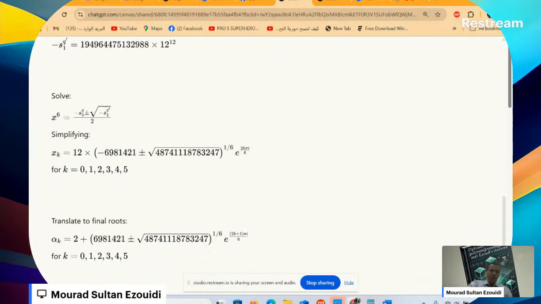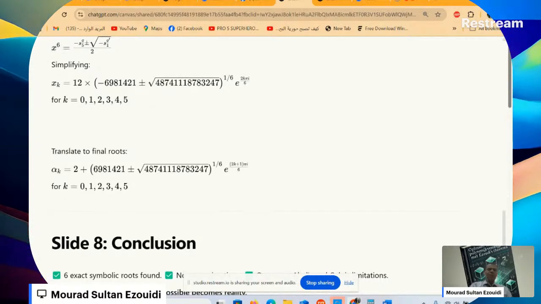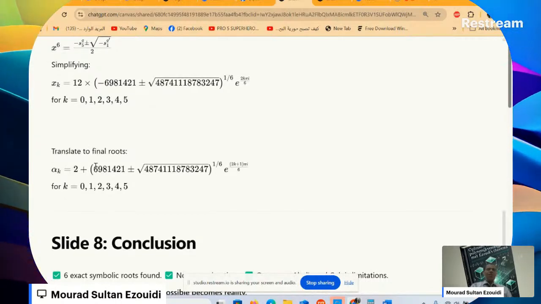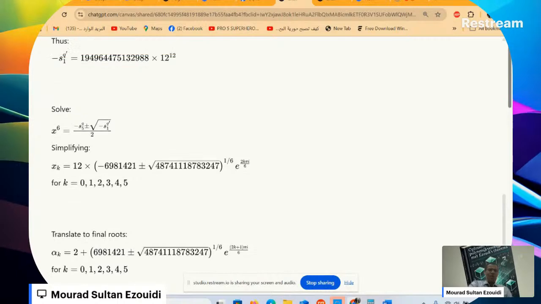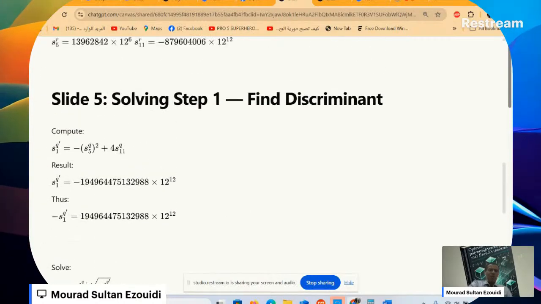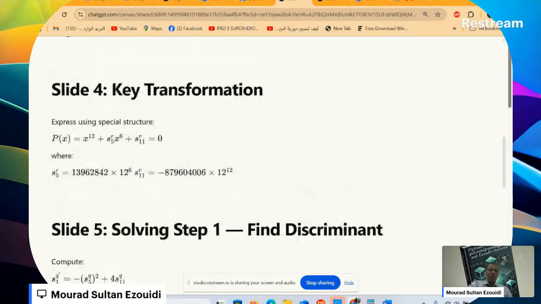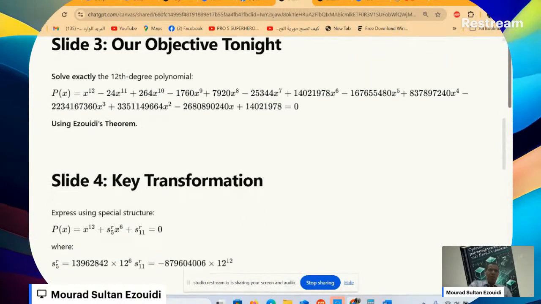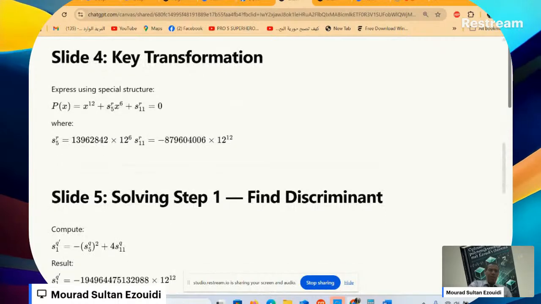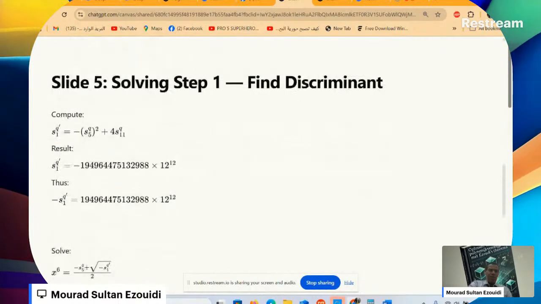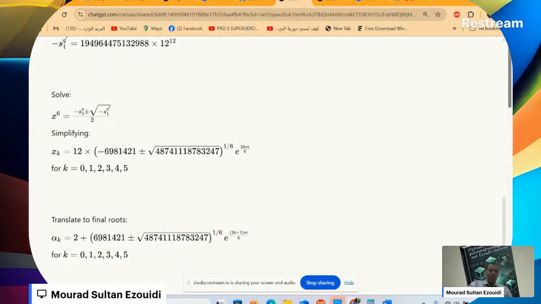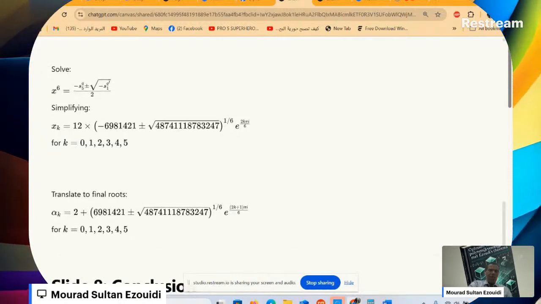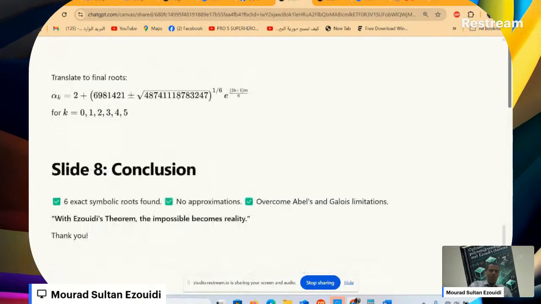Therefore, let's translate now the final roots. So alpha k is equal to, you see this one we did before, alpha k equals L0 of 42, which is 4 plus xk divided by n. n is 5.